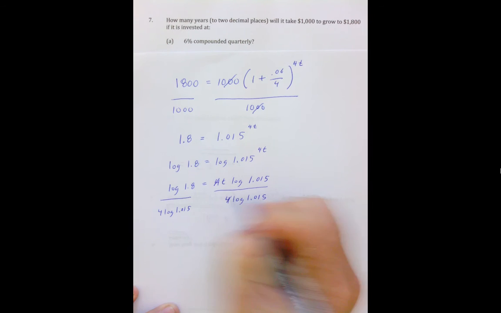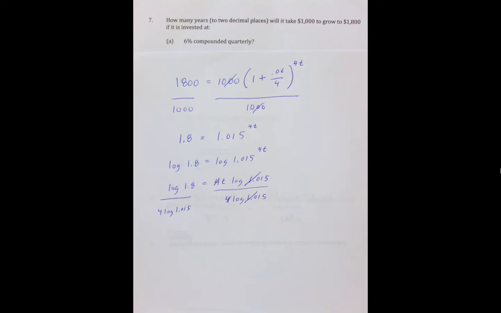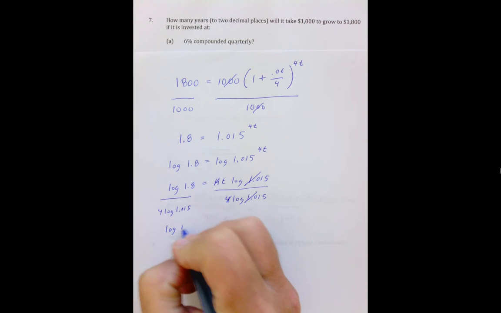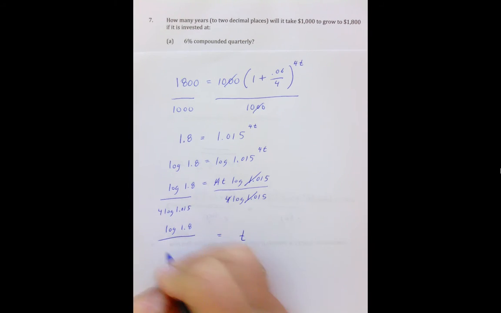That 4 cancels. That log of 1.015 cancels. So all I'm left with on the right hand side is t. And over here I have the log of 1.8 divided by 4 times the log of 1.015.